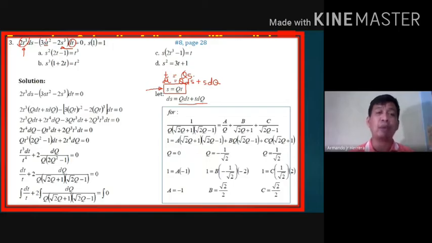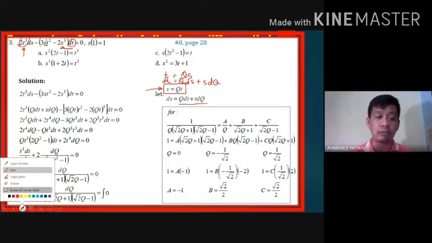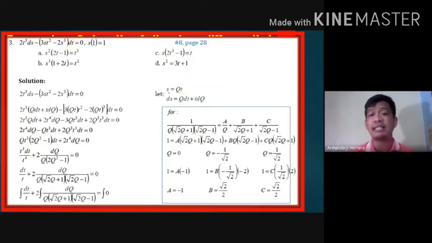So, again, pwedeng gamitin ito kaso mas mahabang solusyon ang mangyayari. So, that's why we are to choose syempre, yung mas madaling way. So, S is equal to Q times T. So, again, its derivative using derivative of a product is Q dt plus T dQ. So, replacing S with QT, replacing ds with Q dt plus T dQ.